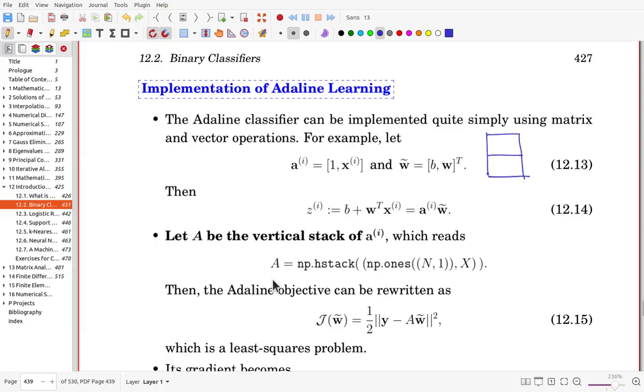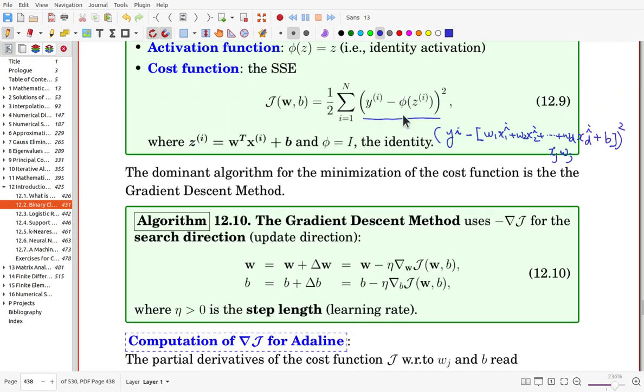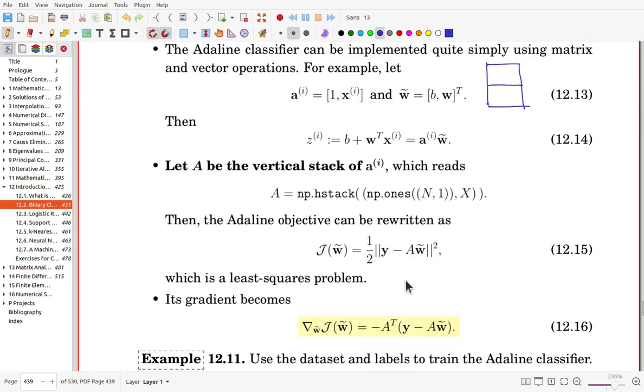Now, in matrix-vector form, the objective function considered in the Adaline algorithm can be written as y minus A w. So half y minus A w tilde norm squared is exactly the same as the original Adaline objective function.